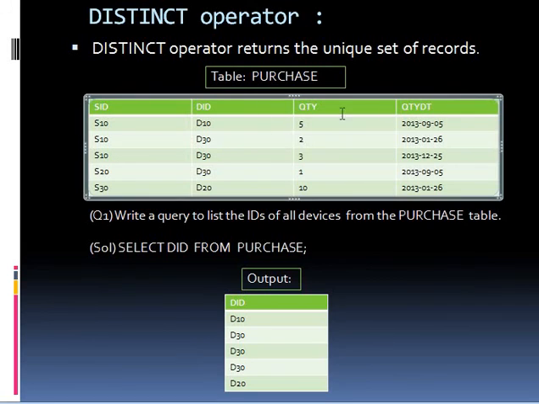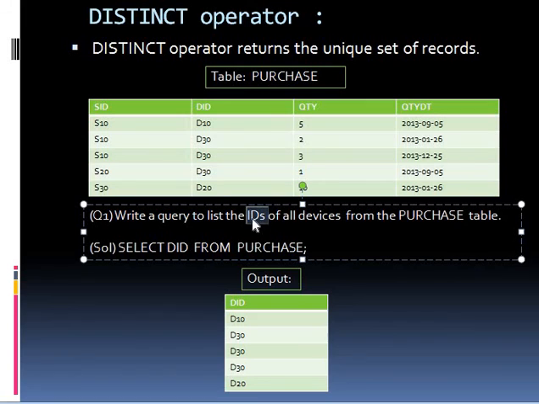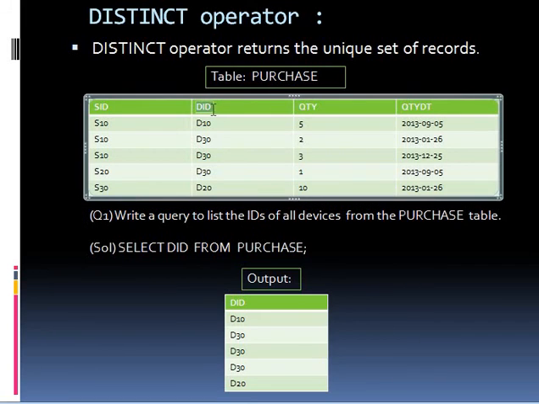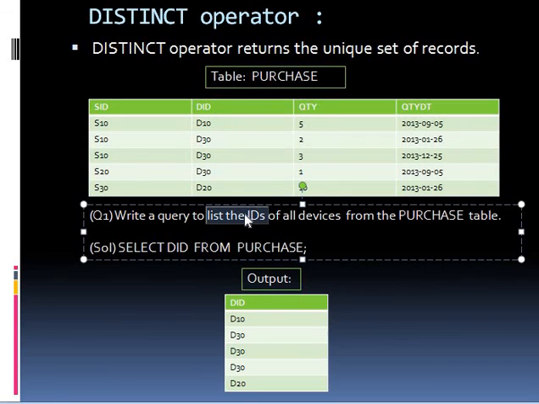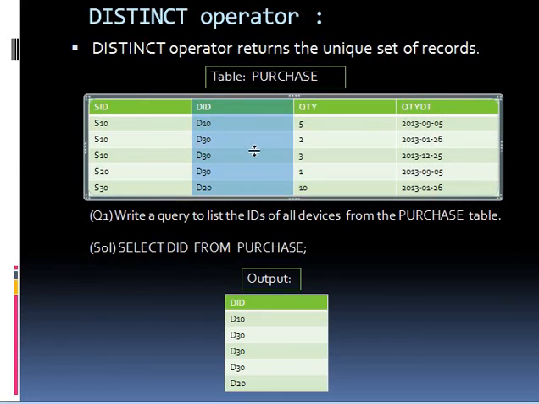Now if we consider this particular table identified by the name purchase, we have a question. The question is asking us to list the IDs of all devices. Here ID is represented by the column named DID in this purchase table. So listing the IDs means to list the entries of this DID column.